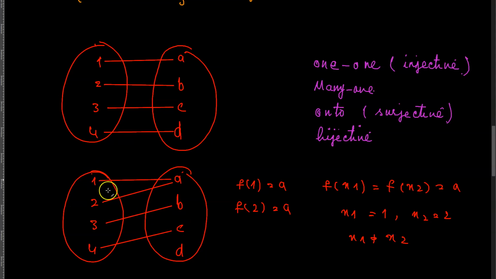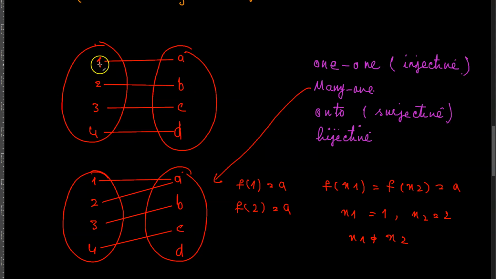That means that two distinct elements of the domain of the function have the same image in the codomain of the function, and so this type of function is called a many-one function.